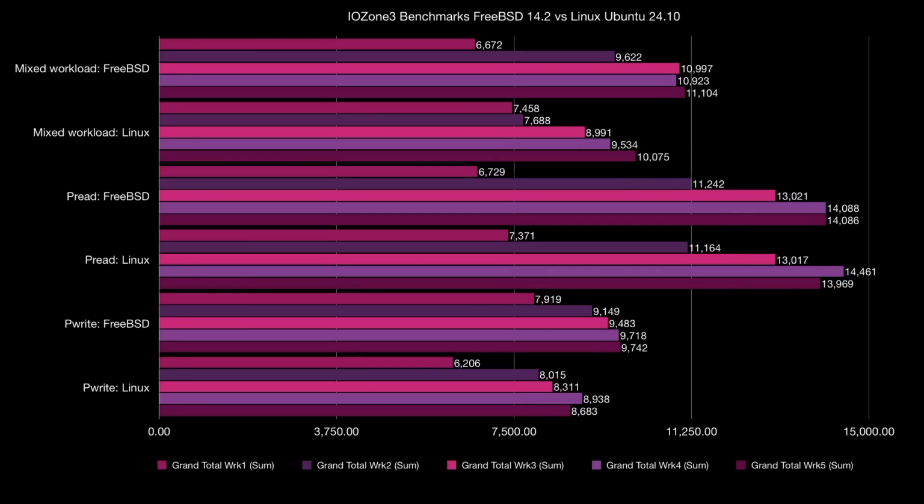So is that another clear winner for Linux? No. So the FWrite on FreeBSD and Linux, again, this time Linux starts out slow and FreeBSD starts out faster. And then Linux just doesn't quite catch up. So that's a clear win for FreeBSD there.